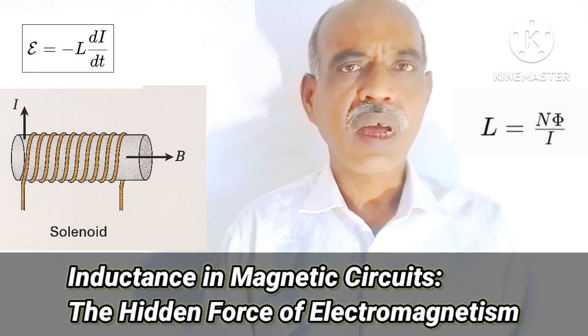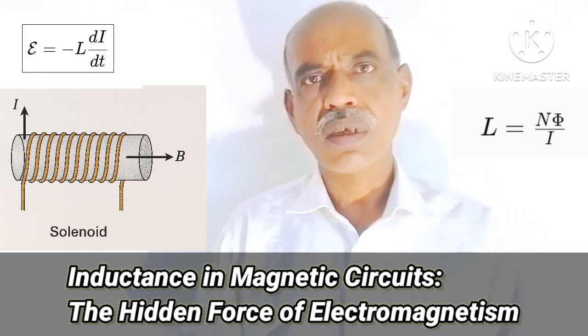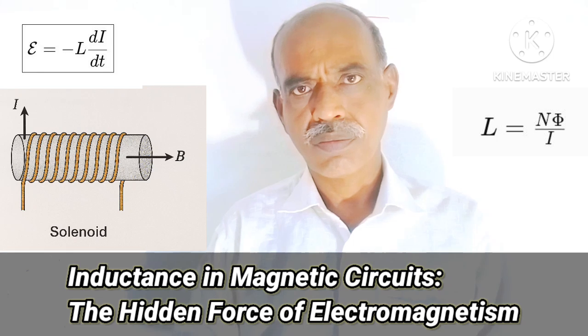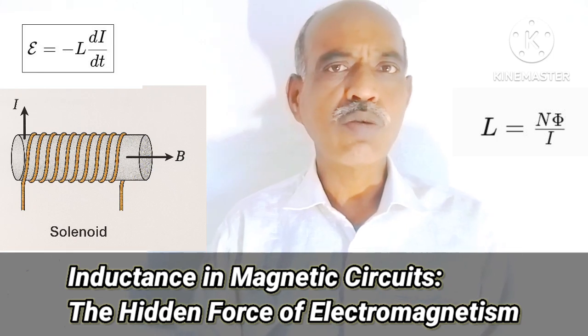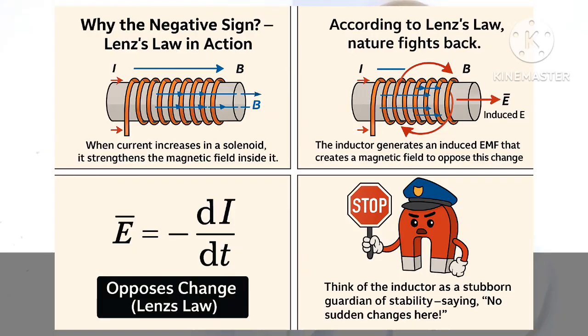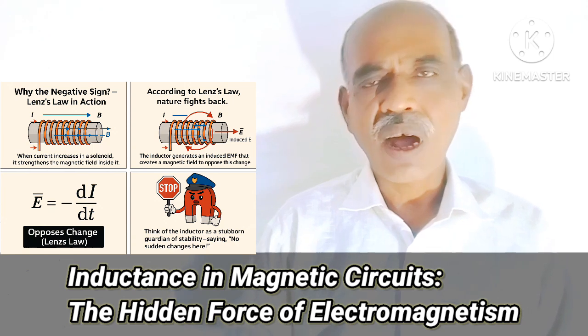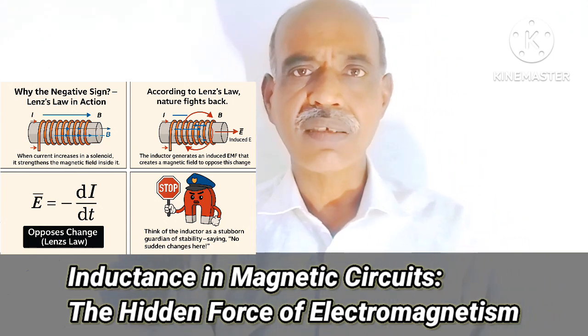So you can see here that inductance L is equal to N phi by I, where N is the number of turns, phi is magnetic flux, and I is the current.